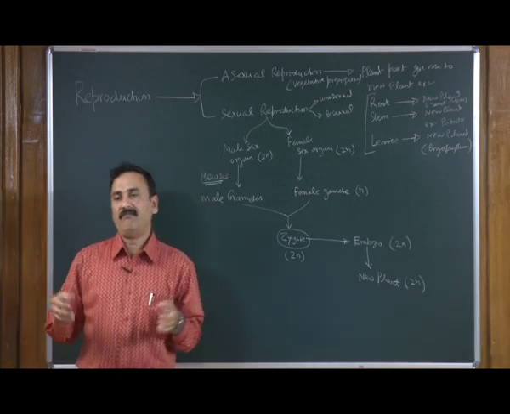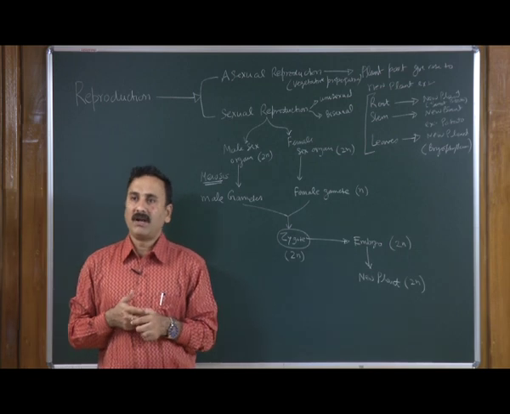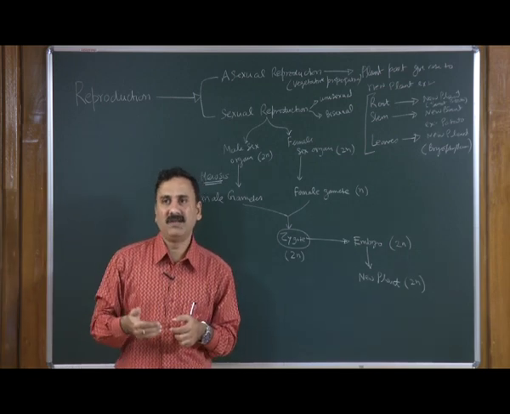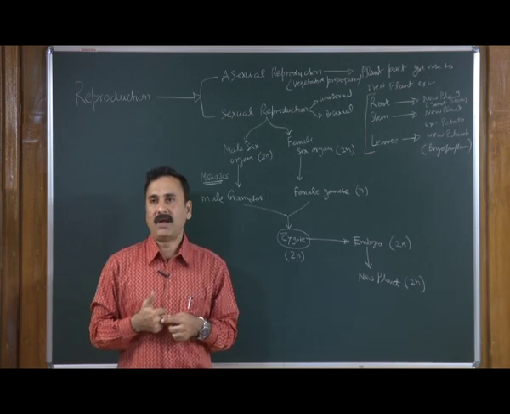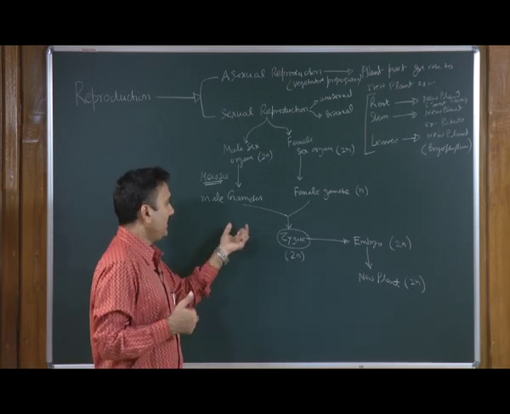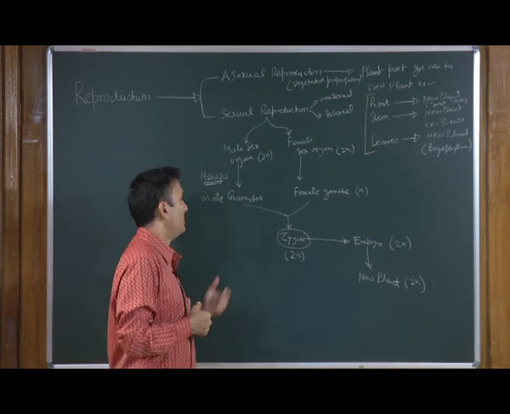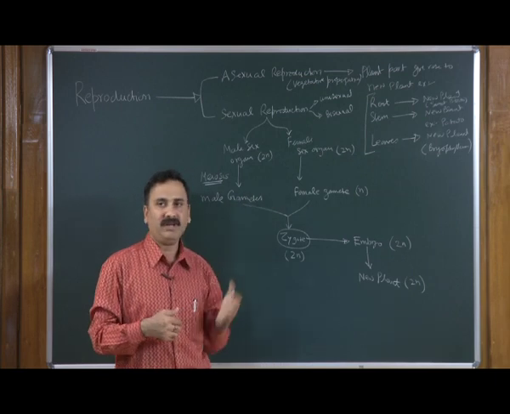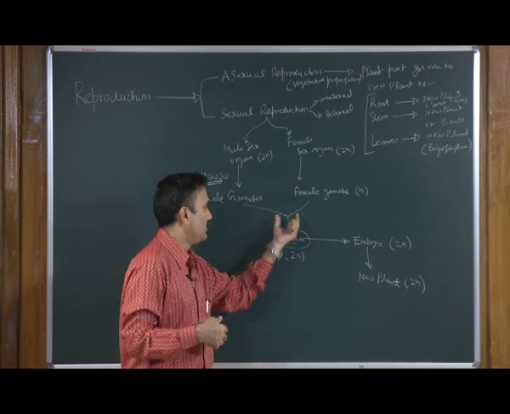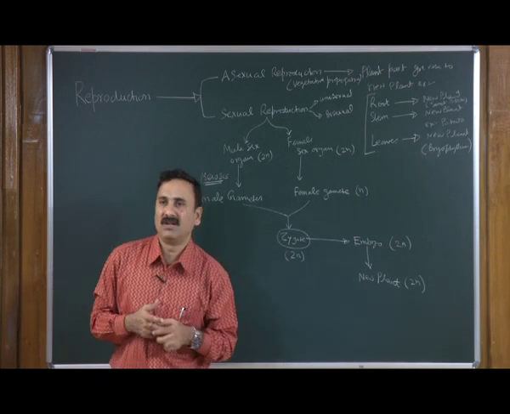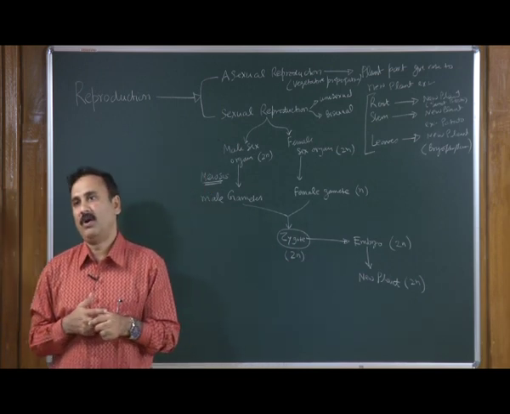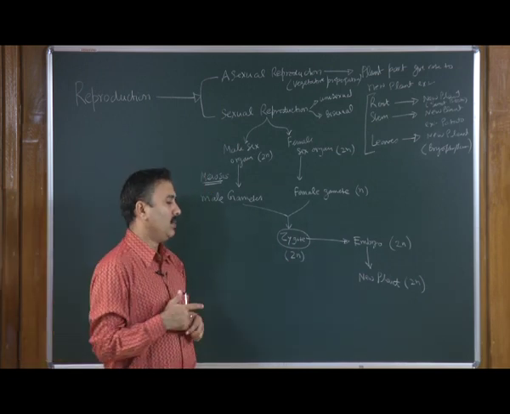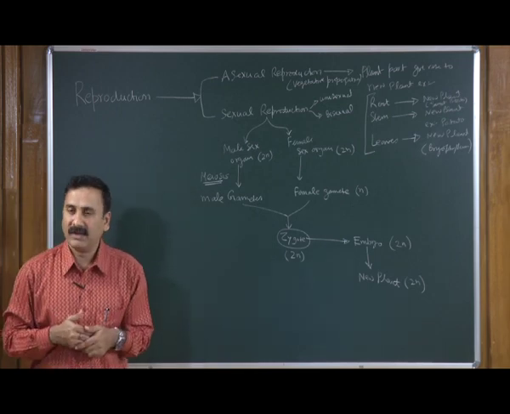The formation of male and female gametes occurs through a specialized mechanism involving meiosis and other processes, which reduces the number of chromosomes in the gametes, and they eventually fuse by a process known as fertilization to form the zygote, and then the zygote will develop into the embryo, and the embryo will develop into the new plant.